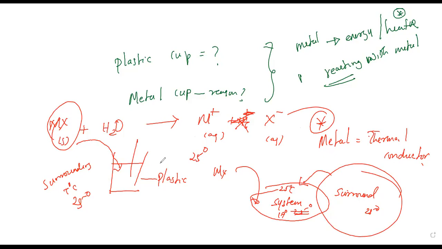The word is very important. Plastics are poor thermal conductors. They never absorb heat from the surrounding when the temperature goes down. Why? It has low heat capacity. Did you all understand?